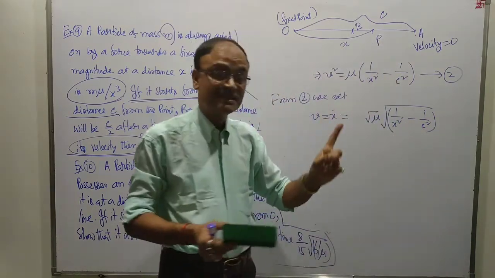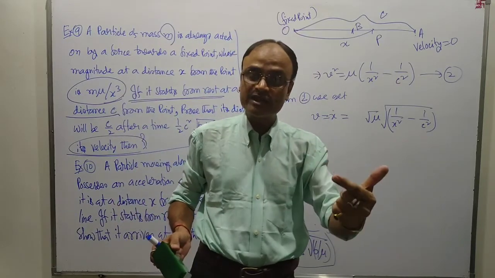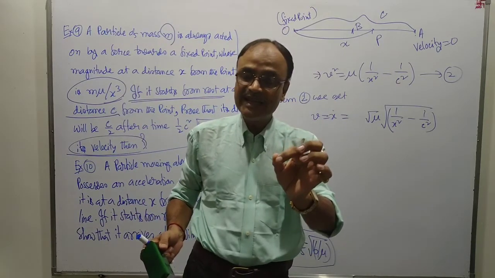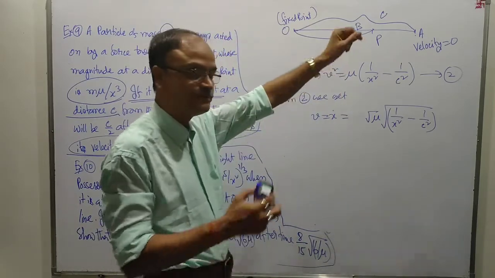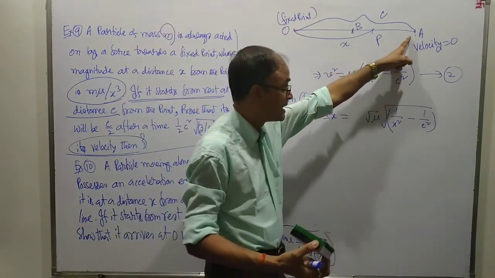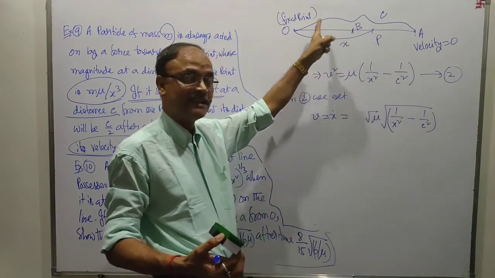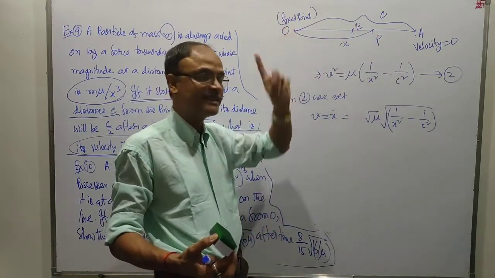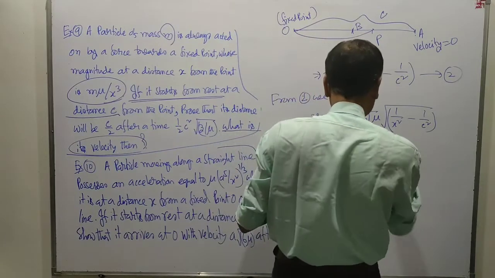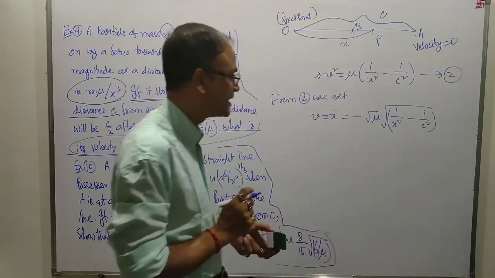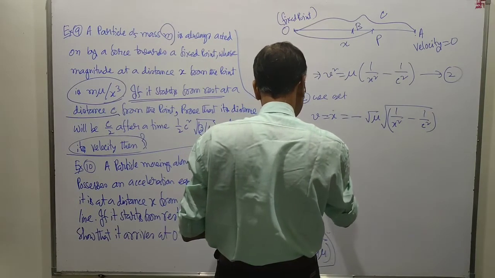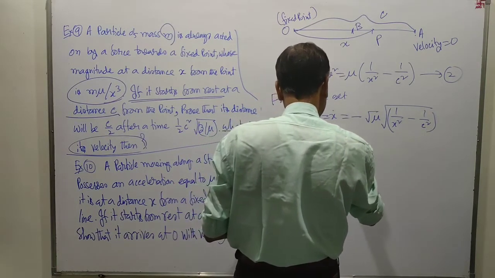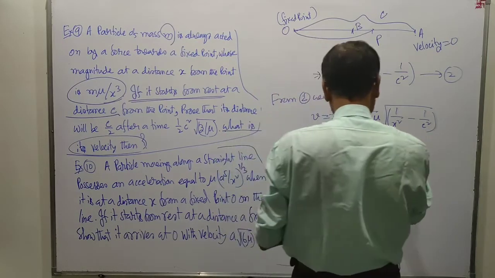X dot is the expression for velocity moving in a direction of x increasing. You see here, now the particle is moving in a direction of x decreasing. Therefore, the negative sign will be taken. You may write here, the negative sign has been taken.